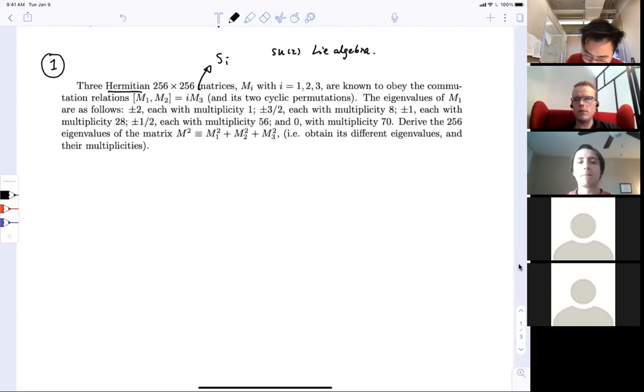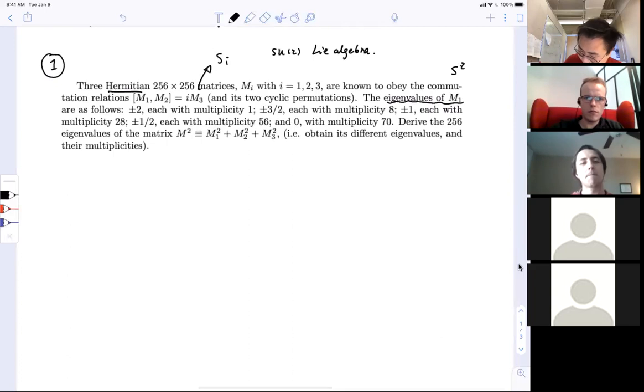Okay, so this problem tells us the eigenvalues of M1. We can think of M1 as having the following eigenvalues.